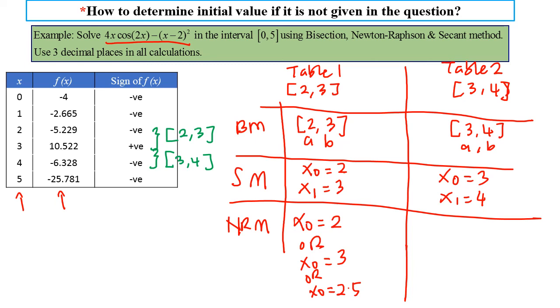Similarly for this table, x0 can be taken as 3, or 4, or 3.9, for example.